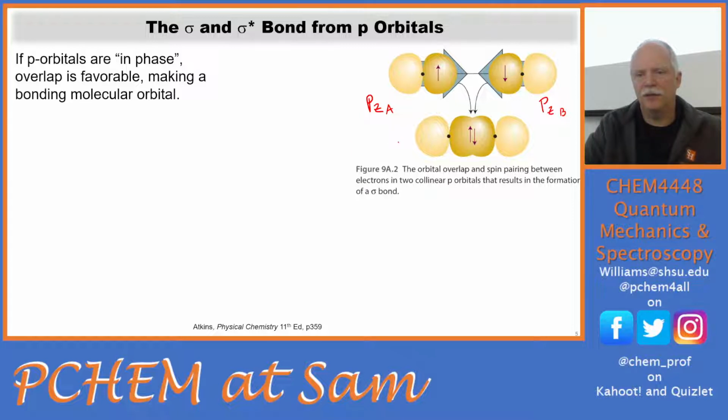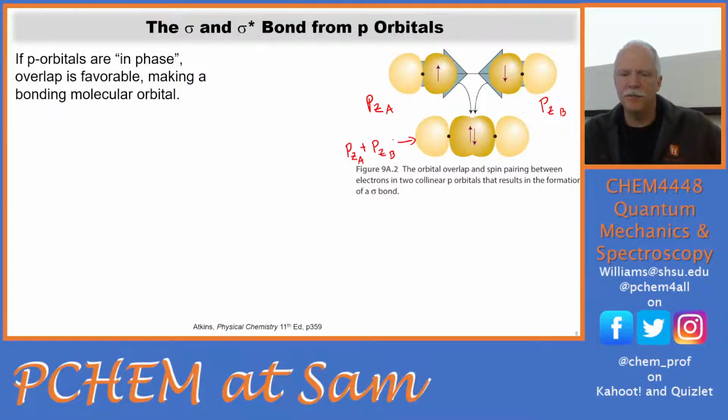I would call this one, even though you could write it other ways, pzA plus pzB, just to show that they're in phase. I would use the same sign just to show that they're interacting with each other. Someone could argue with me on that one, that since the one on B is the opposite color, this would be a minus and the minus would be the bonding one. So you could do it either way.